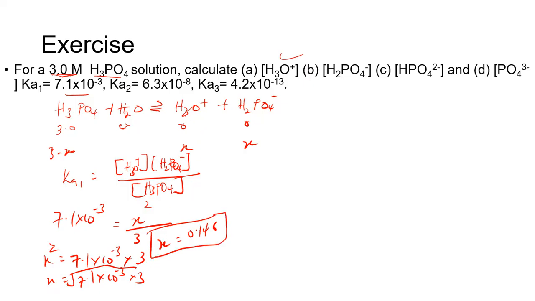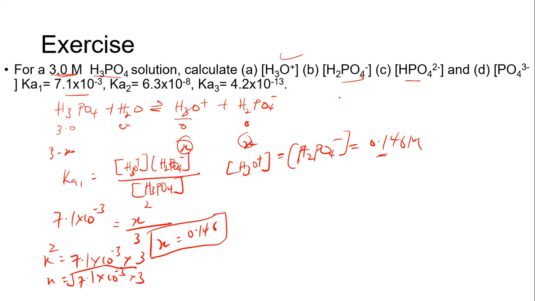Now that will be the concentration of the H3O plus. Very simple. Now the B says I should find the concentration of the H2PO4 minus. Now you realize that from this equation, the H3O plus is x. This one is also x. So we are saying that the H3O plus concentration is the same as the H2PO4 minus concentration, which is 0.146. So we have solved the second one too. That is just 0.146 molar.